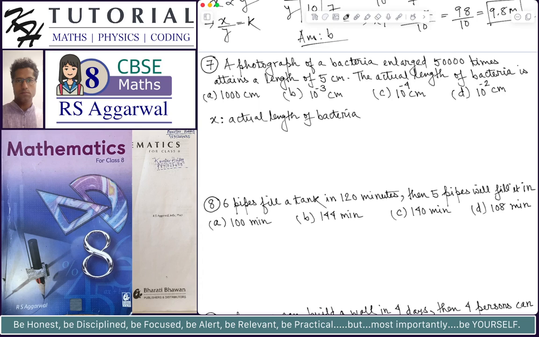Now, what could be y? Y could be the enlarged, a photograph of a bacteria enlarged 50,000 times.